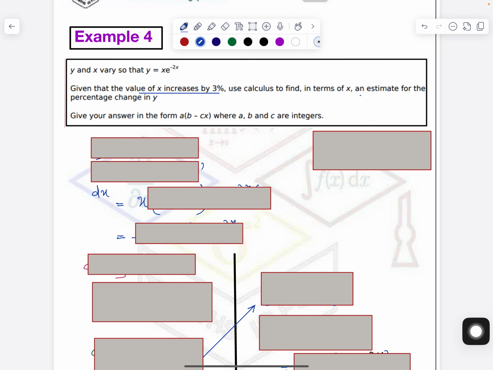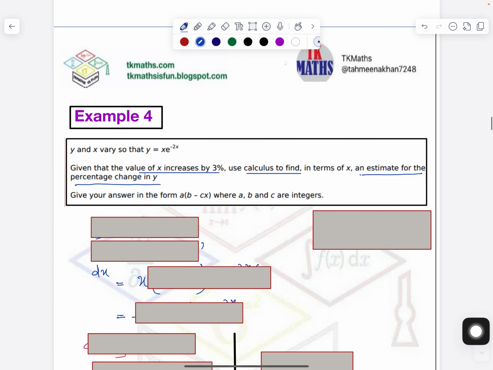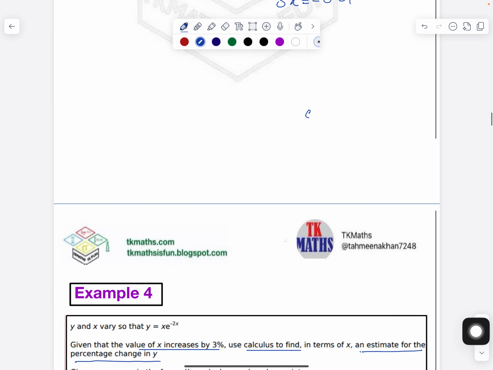It is also talking about using calculus to find an estimate for the percentage change in y. Now what does this mean? Percentage change in y. So far you have found the change in y. If you have to find this value in terms of percentage, what will you do? Yes, you are right.